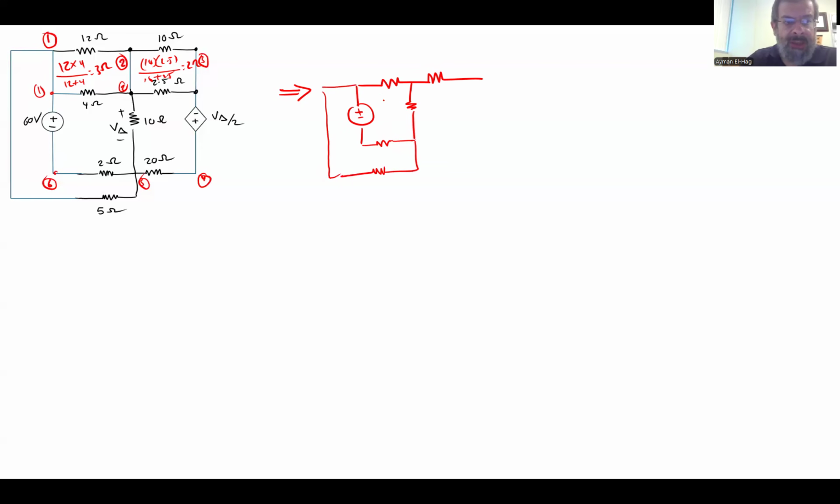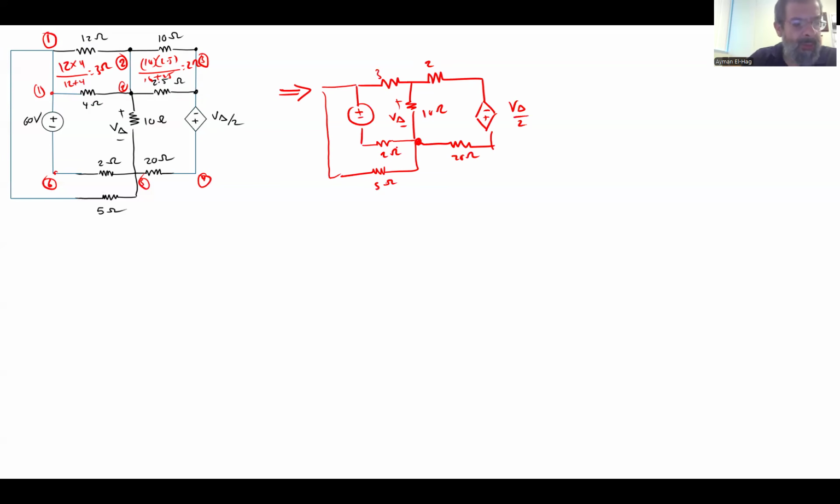So this is the 3 ohms, and this is the 2 ohms. This is the 10 ohms here, and this is the plus minus V delta. This is the dependent source, minus plus V delta over 2. And here it is your 20 ohm. Okay, and this is 2 ohm, and this is 5 ohm.